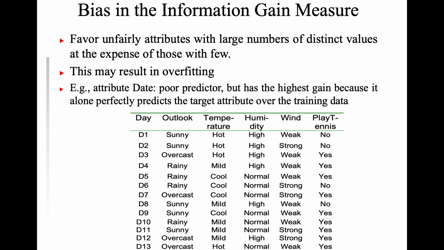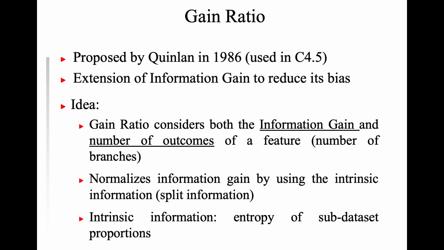If you calculate the information gain for the customer ID, because we have a unique customer ID for each customer, then we have a large number of unique values for this feature. And this will result in a very high information gain, but the actual predictability or usefulness of this feature to predict is very low.